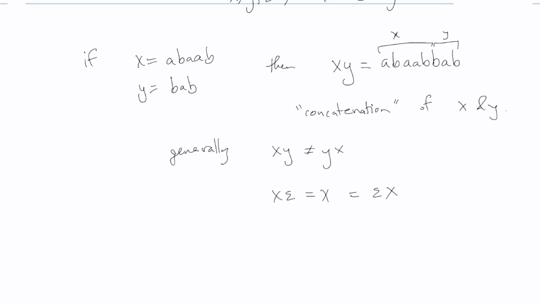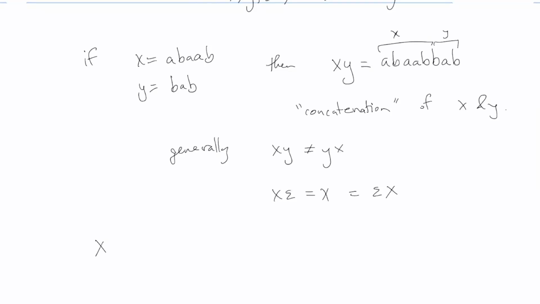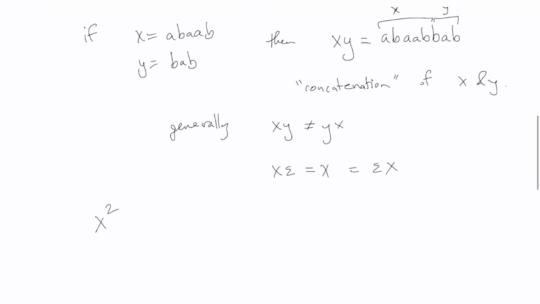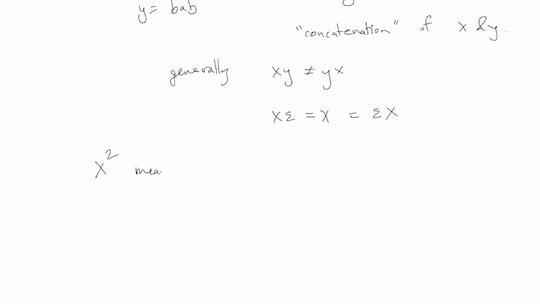I hope everything I'm saying is pretty straightforward. We just got to get so that we're on the same page here. One last operation that we have for strings is really just a variation of the concatenation. When I write X squared, this means XX. So in this way, you can make powers of any string.